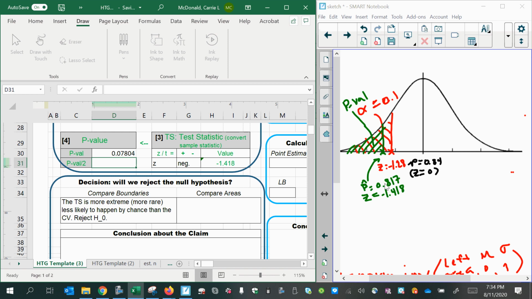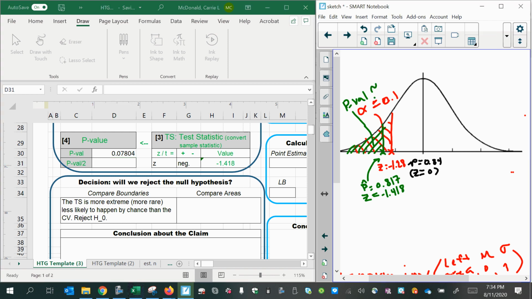So now we have our area. When it rounds, we usually round to 3 significant digits, or 4 decimal places is a good standard also. So 3 significant digits here would be like that. So we have a p-value of 0.07 compared with an area of 0.10.